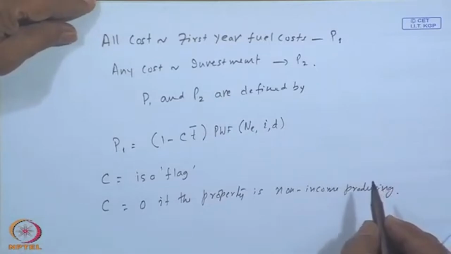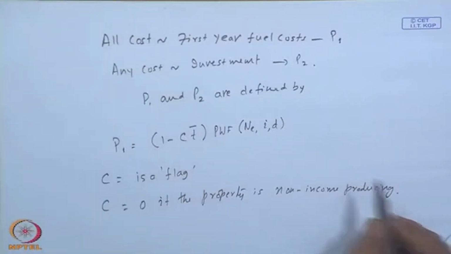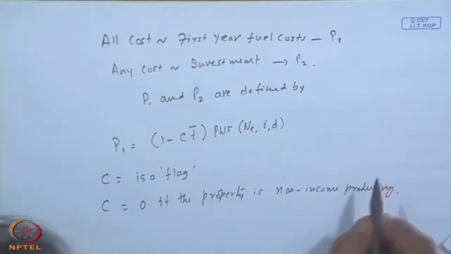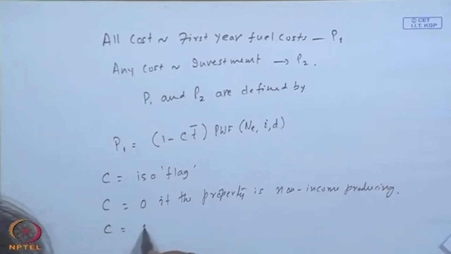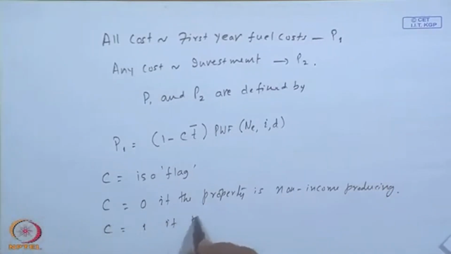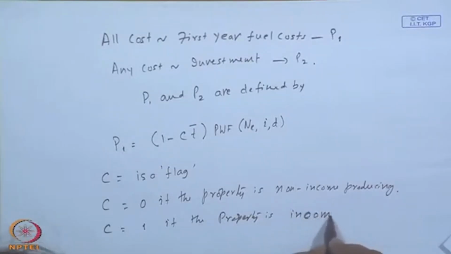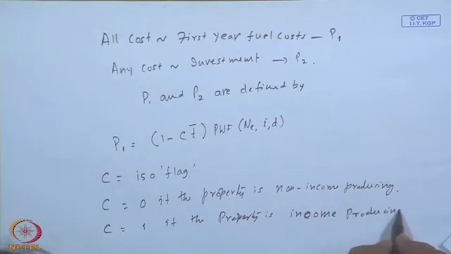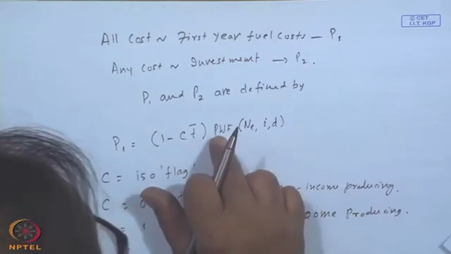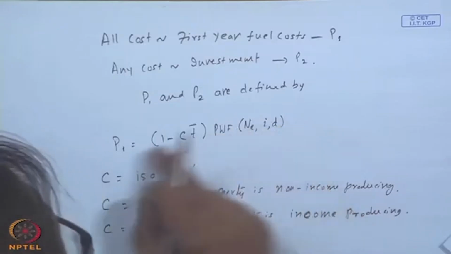But if it is used for degreasing or in any automobile industry or any other industry, it will be considered as income producing, and C should be equal to 1 if the property is income producing. In other words, if C is equal to 0, the present worth factor of any ID is nothing but P1.